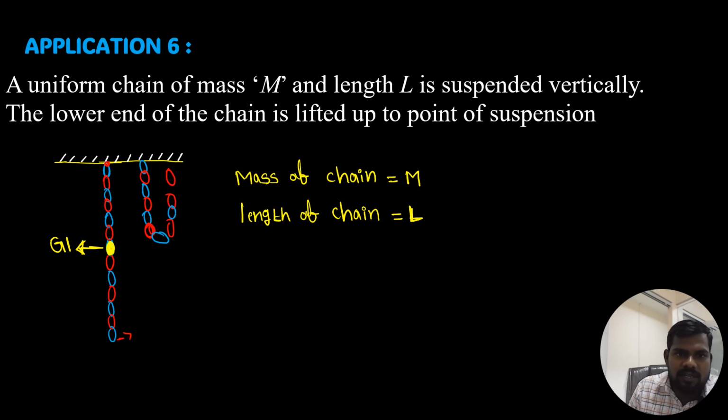Now it becomes like this. So this is G1. When I lifted this, the length here is L by 2, and the upper part from G1 is also length L by 2.